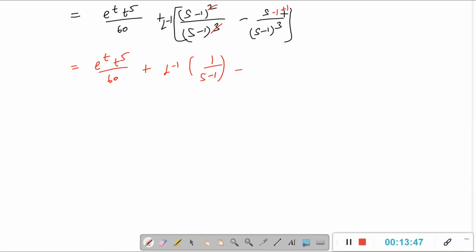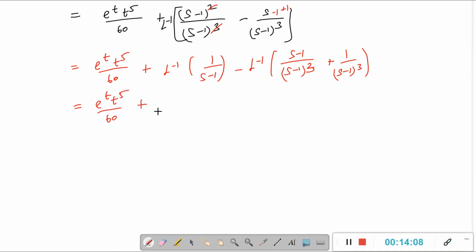Again you can split the term. So you can rewrite L inverse of s minus 1 divided by s minus 1 whole power 3 plus 1 by s minus 1 whole power 3, which is equal to e power t power 5 divided by 60.